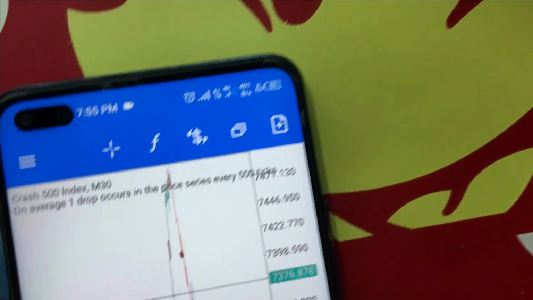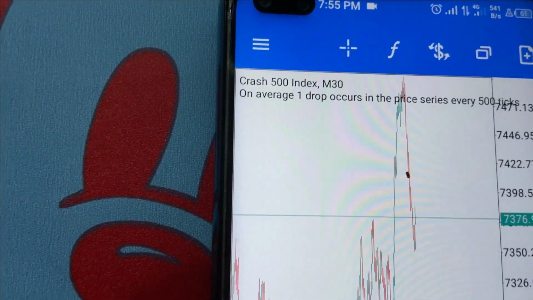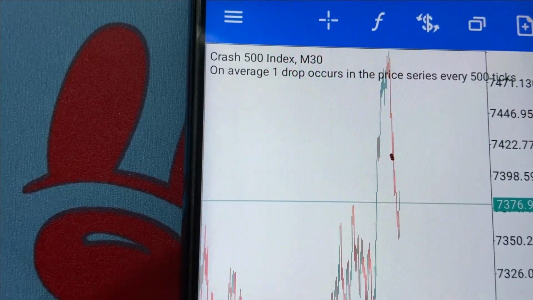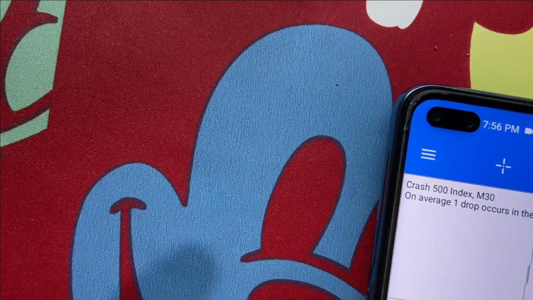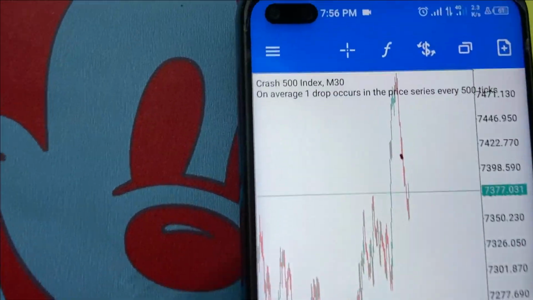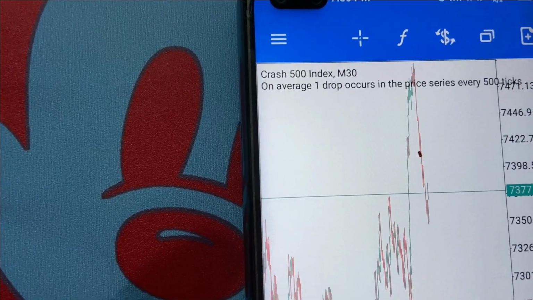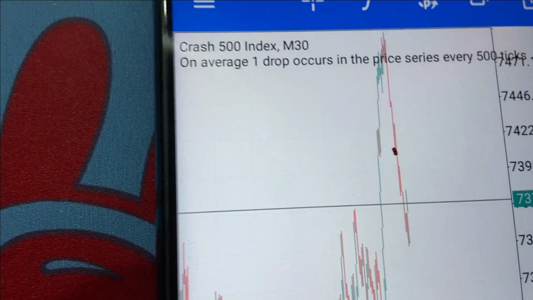Okay, I'm sure you can see that small red rectangle which is here, somewhere here. Now imagine that you entered a buy at that level. For sure it does not really make sense, because this is a downtrend.